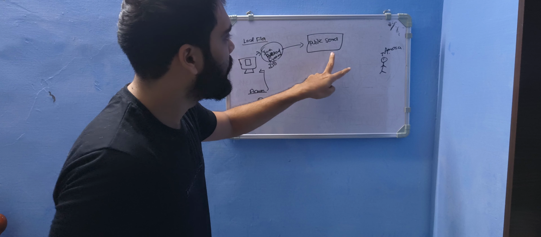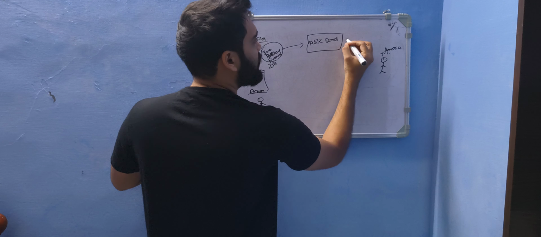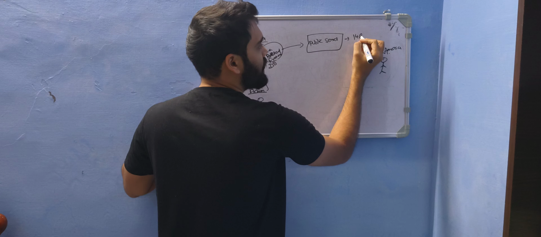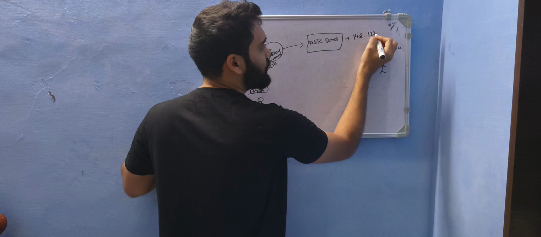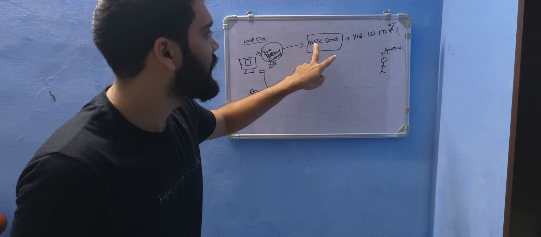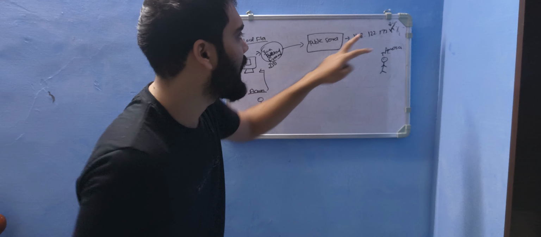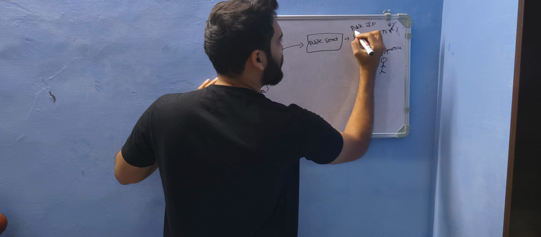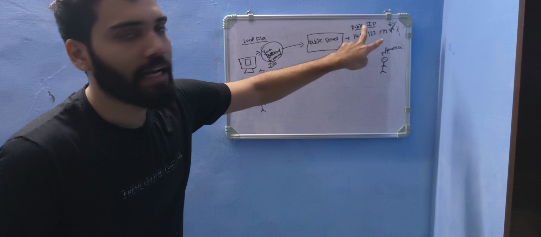Now the public server will generate an IP address, let's say 148.122.177 or something. It will give a public server IP. This is called the public IP.